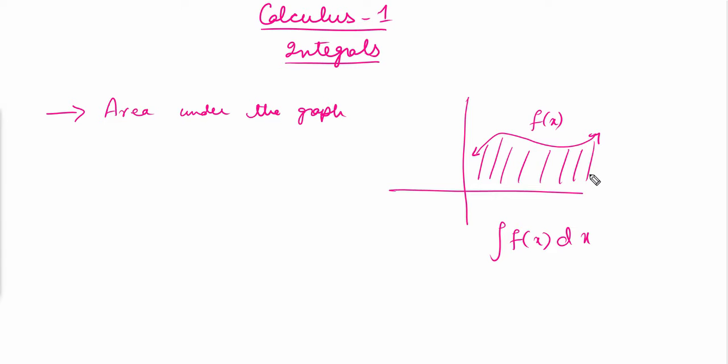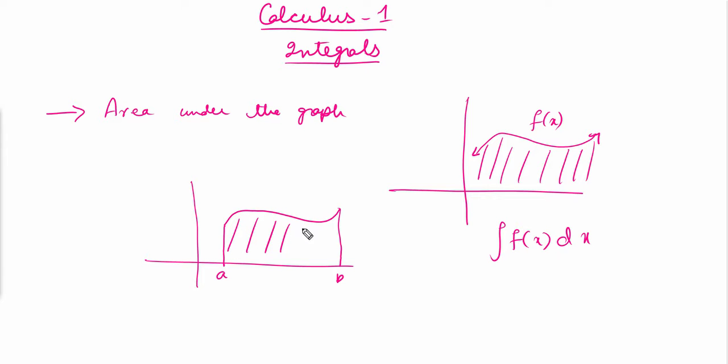Such integrals are called indefinite integrals. But if we have a graph, for example, like this, where the starting point of the graph is at A and the ending point is at B, and we have to work out the area under the graph, that area can be represented as the integral from A to B of f of x with respect to x.